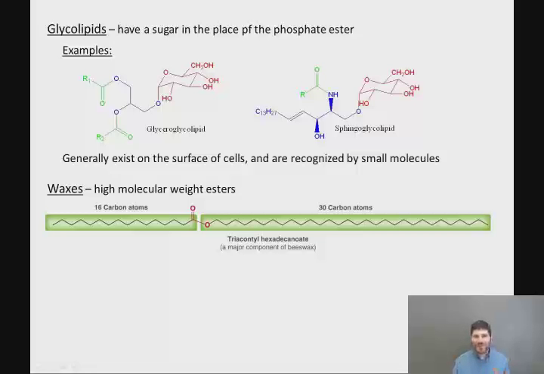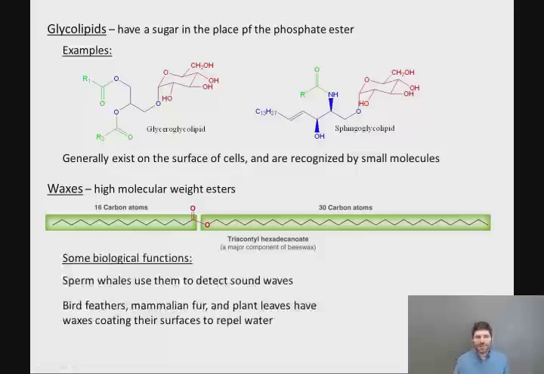But if you remember from the nomenclature of esters, what's to the right of the oxygen in the chain comes first, and that's a 30 carbon chain, thus the tri in the name of it. And then on the left-hand side it's a derivative of hexadecanoic acid, a 16 carbon carboxylic acid. And this turns out to be a major component of beeswax. Okay, so that's a more useful type of ester.